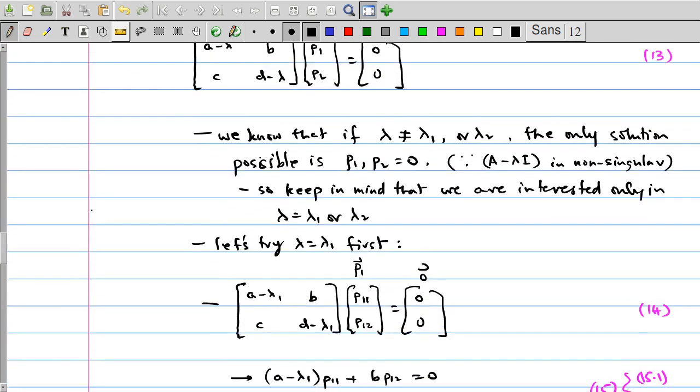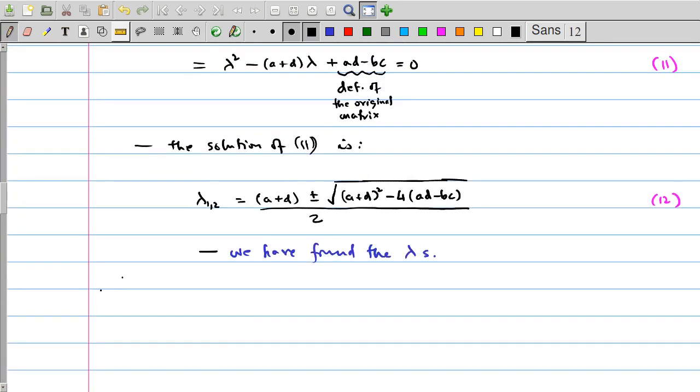Where's lambda 1? It's A plus D plus blah blah blah. So suppose everything is 0 except for A. Then what we get is A square minus 4A.